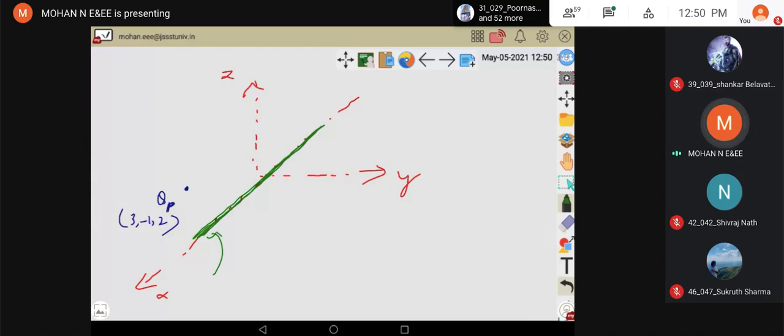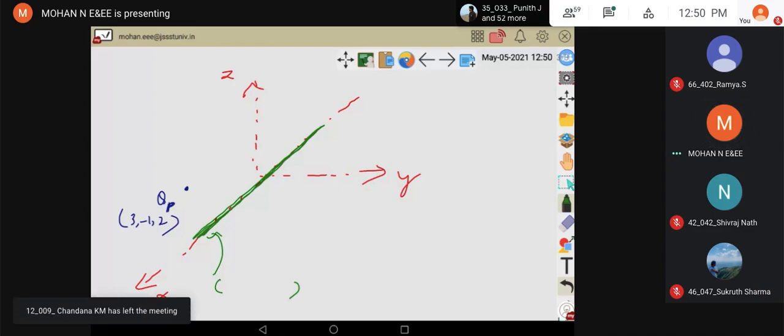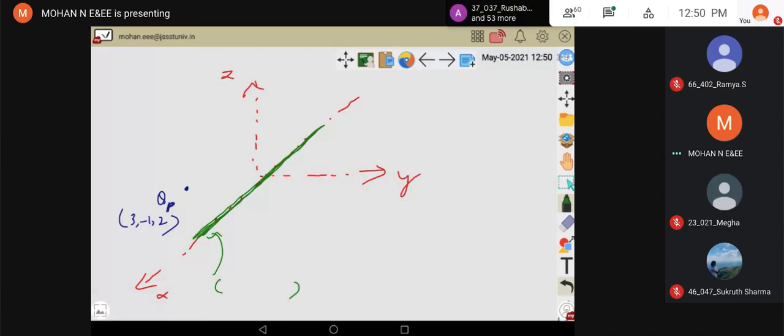Can somebody tell me, which is lying on the x-axis?